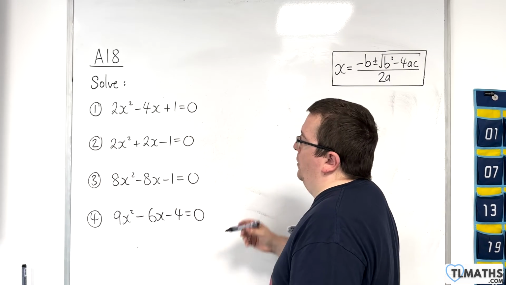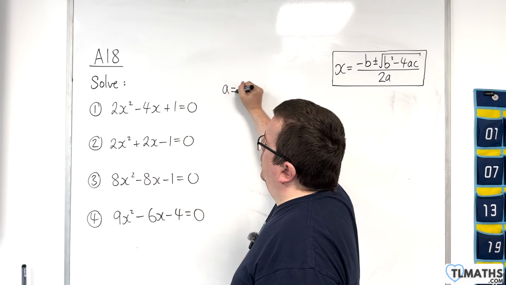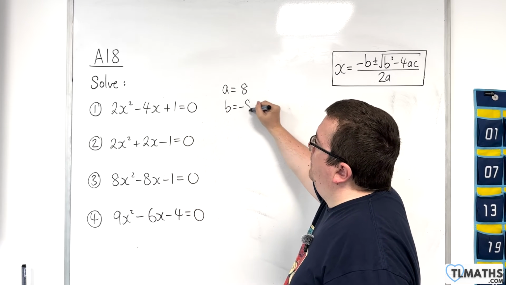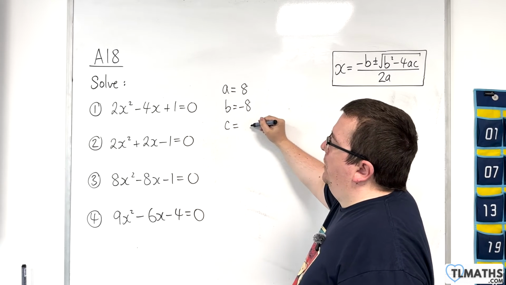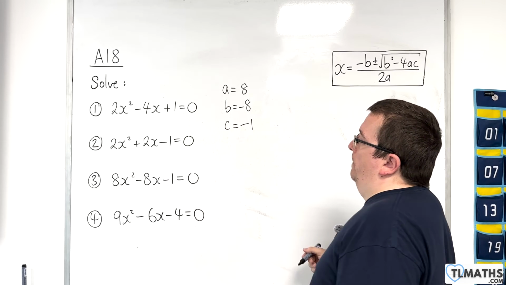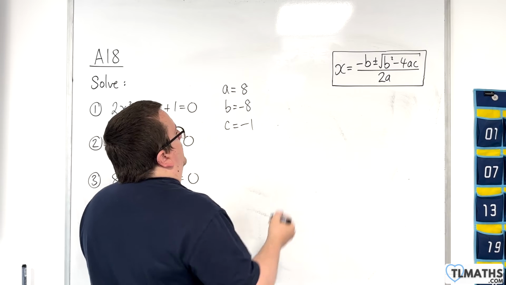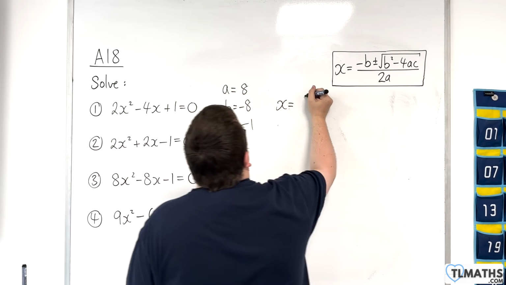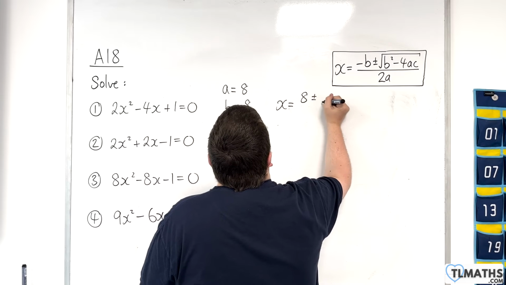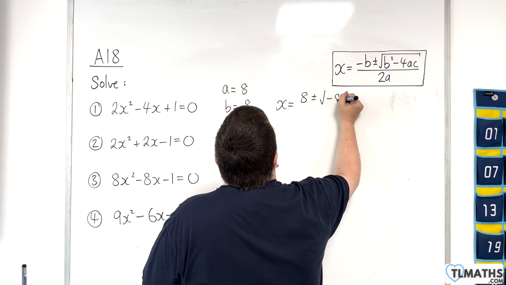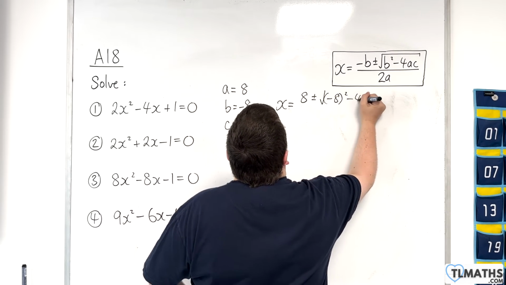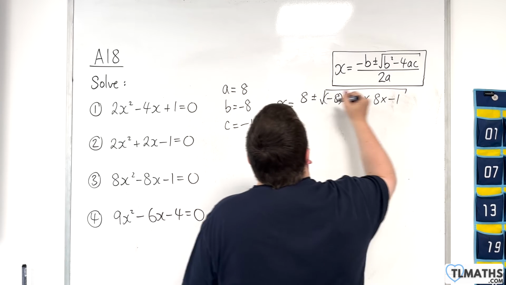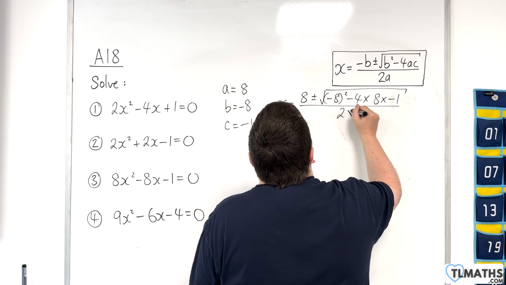Okay, so number 3, a is the coefficient of x squared, which is 8. B is the coefficient of x, which is minus 8, and c is the constant term, which is minus 1. Okay, so x is equal to minus b, so minus minus 8 is positive 8, plus or minus the square root of b squared, so minus 8 squared, take away 4 times a times c, all over 2a.